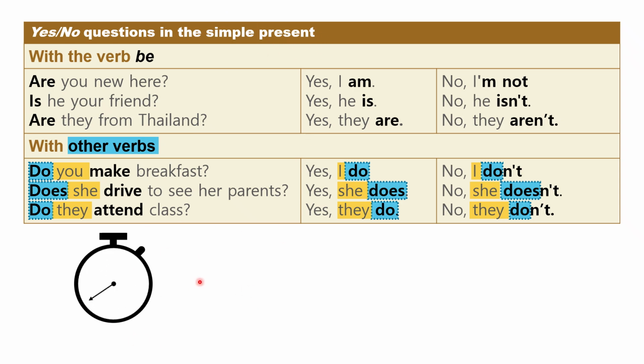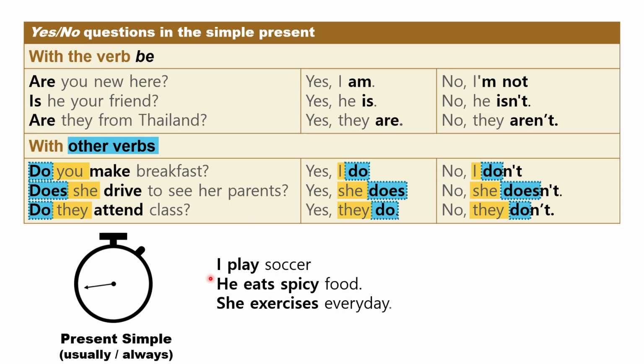but it's not now. We're talking about usually, always. I play soccer, usually. Not right now. It's just a habit. He eats spicy food. It's not happening now.